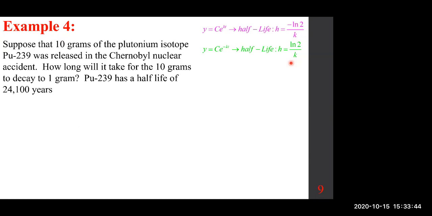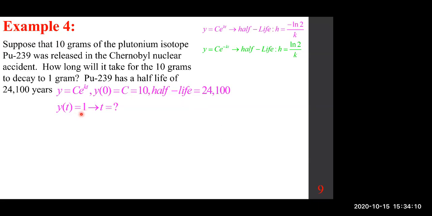And here's the given, everybody. We use one of those formulas, the top one. Originally, we have 10 grams, that's the original amount, the initial amount, C, y sub 0 or C. And the half-life is given to be 24,100 years. How long does it take to go down to 1 gram?